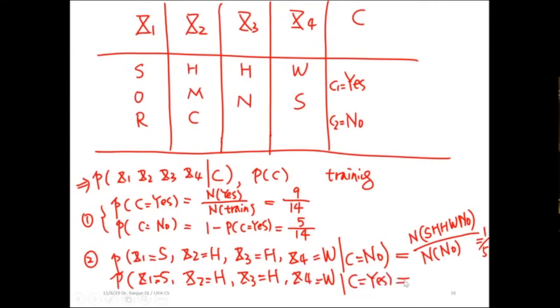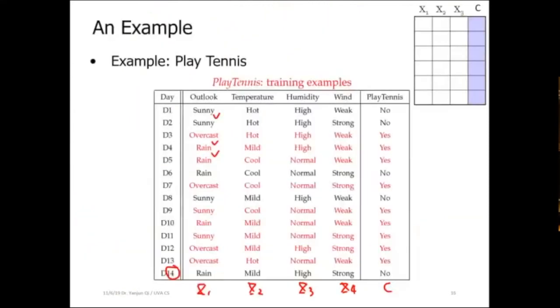So what is this from this table? The same feature combination, but now conditioned on yes. SHHW, right? Do we have SHHW in the yes cases?